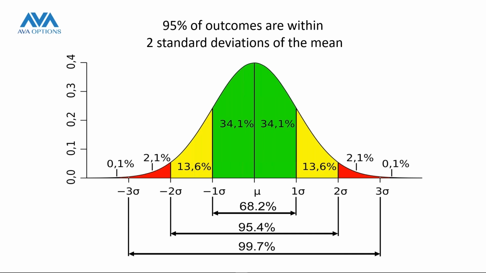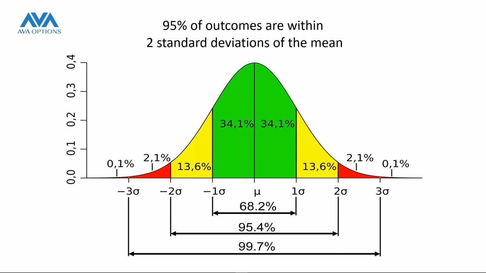And what is standard deviation in options? It's the implied volatility of the option. Implied volatility is sigma. So to convert from volatility to a standard deviation, you just take the price of the asset times volatility times the square root of time, where time is expressed in years.